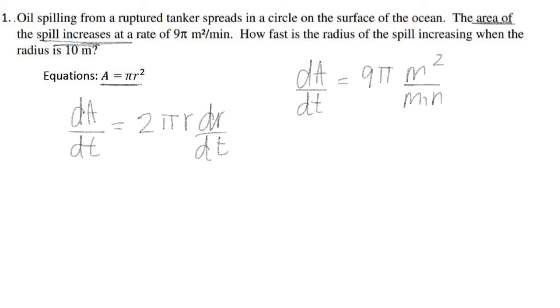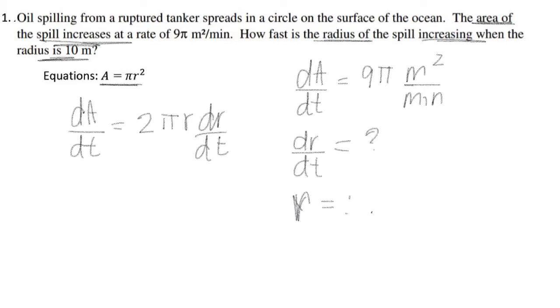And let's see, how fast is the radius increasing? So that's dr dt, because that would be a change in the radius. When the radius is, so the radius is equal to, and that's r, is equal to 10 meters. So it looks like we have everything we need to go and plug in.